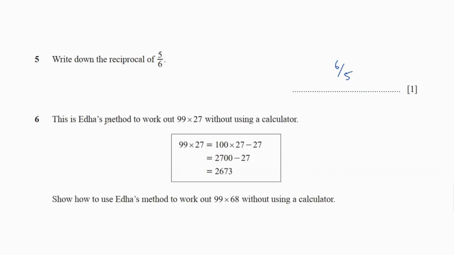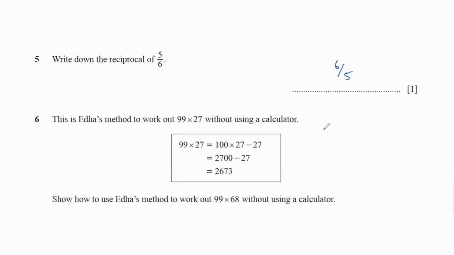In question number 6, it says, this is Ada's method to work out 99 times 27 without using a calculator. Show how to use Ada's method to work out 99 times 68 without using a calculator.